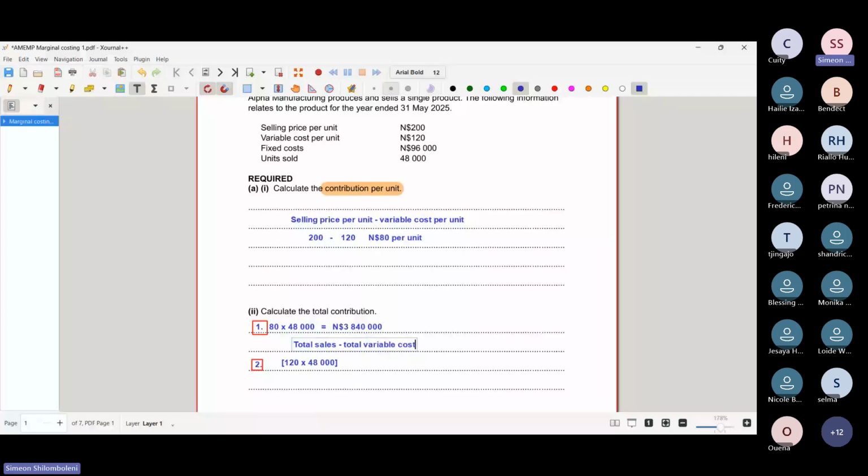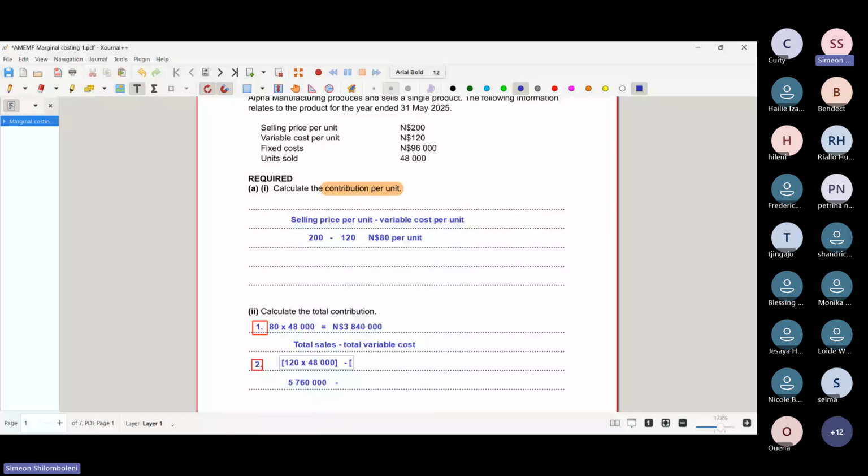So how much is the total sales here? The total sales is 5,760,000. Okay, and then we say minus our total variable cost.